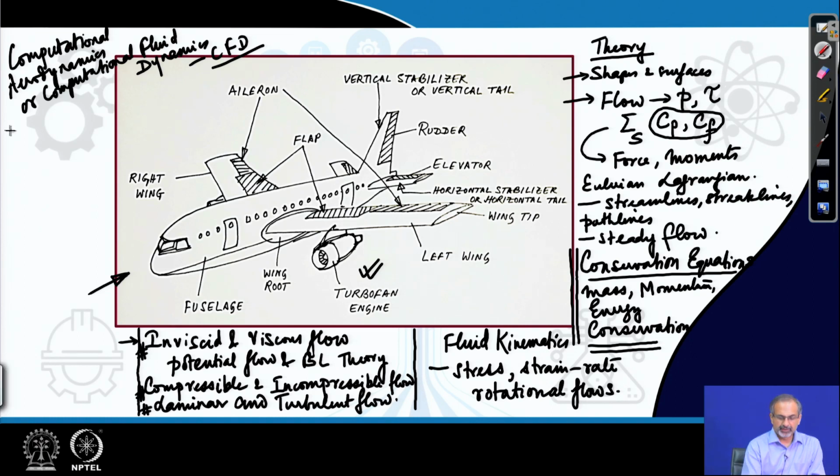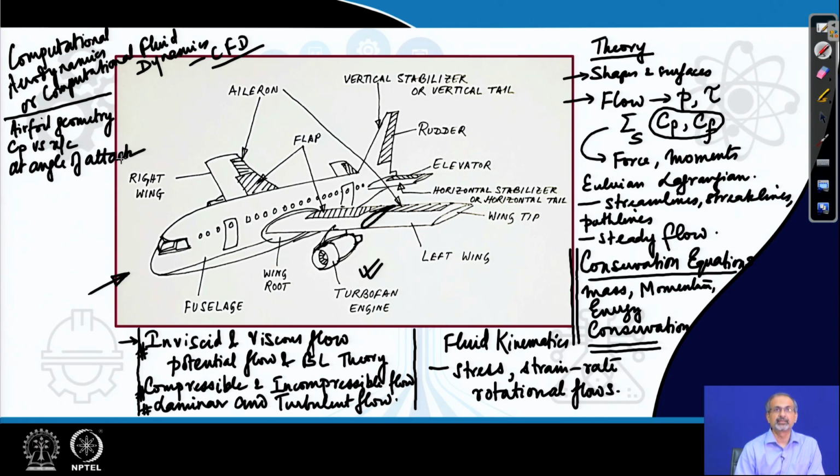Then we did a bit of airfoil geometry. So, if we take a section of the wing, we will see an airfoil section here. So, we learnt about airfoil geometry, and then we looked at how the Cp versus x by c looks at different angles of attack, how that may be changing as the angle of attack changes.